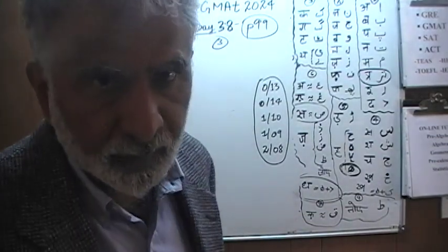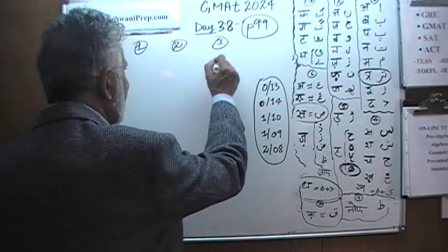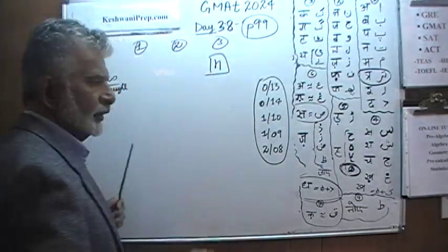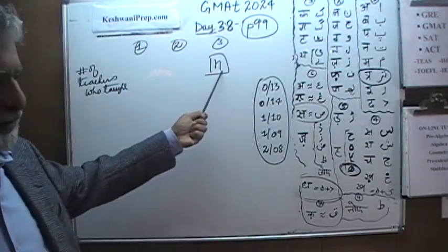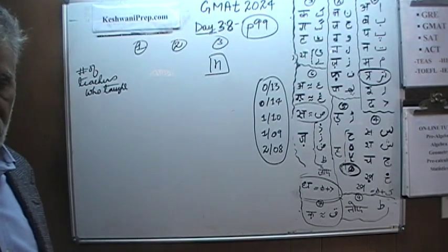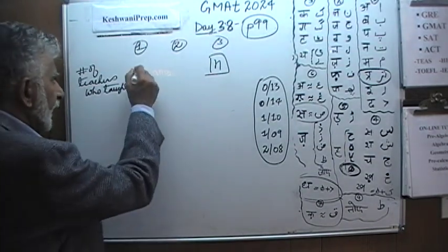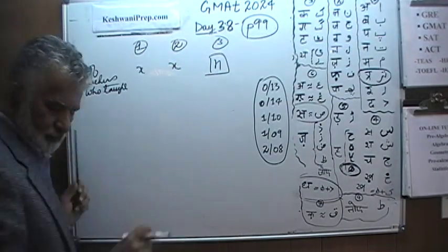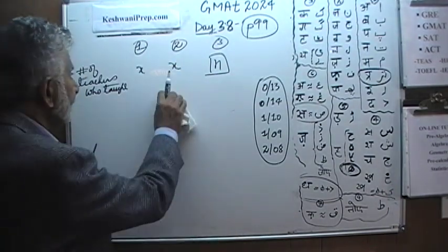We are told in the problem itself that they're calling this quantity n. This is the one we are interested in. What is the least possible value of n? What is the greatest possible value of it? So let's call these 2 unknowns x and y.